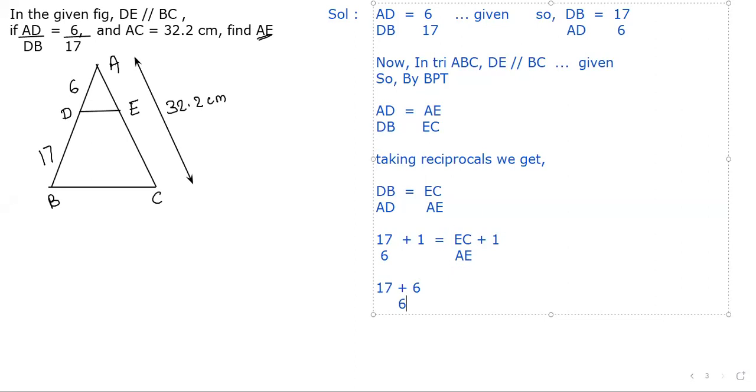Yes or no? EC plus AE whole upon AE, because AE ultimately we need to find. 23 upon 6. EC plus AE is AC upon AE.